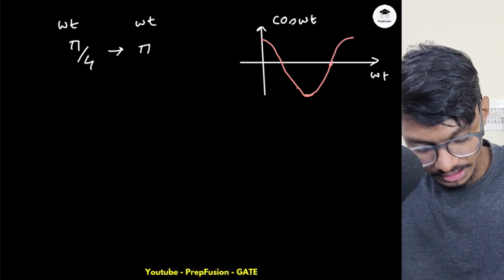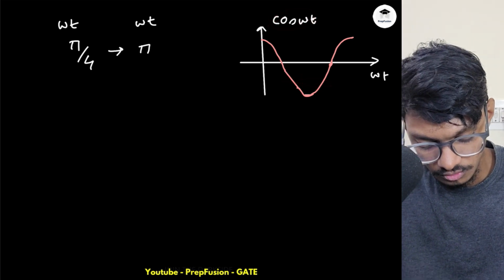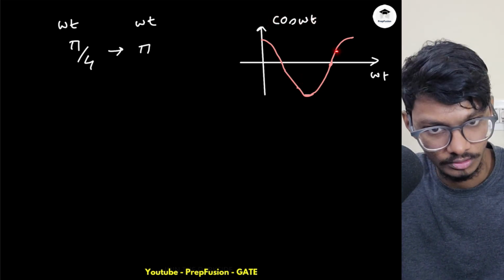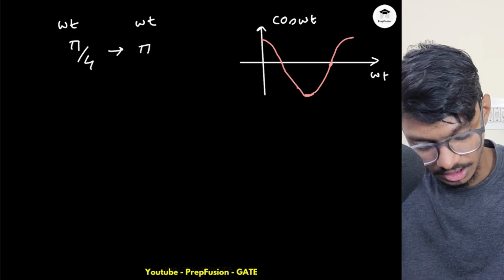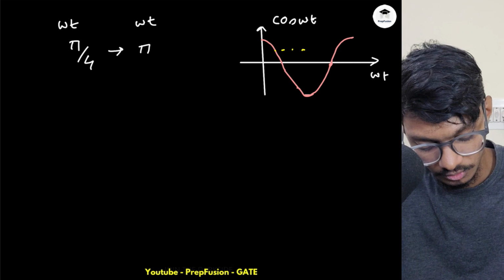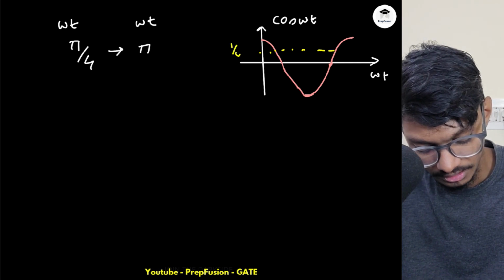So obviously this thing never goes to plus 1 by root 2 again. It goes to plus 1 by root 2 only here, so our inductor current goes to plus 1 by root 2 only at this point.